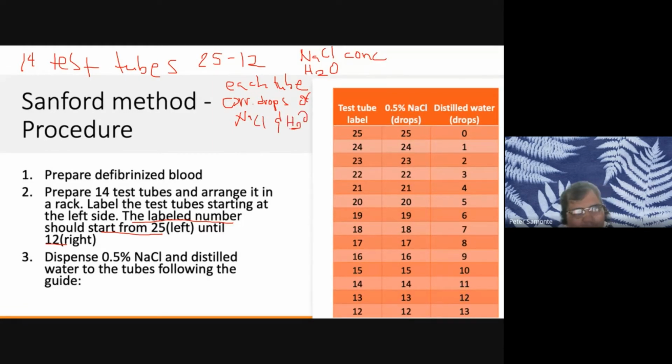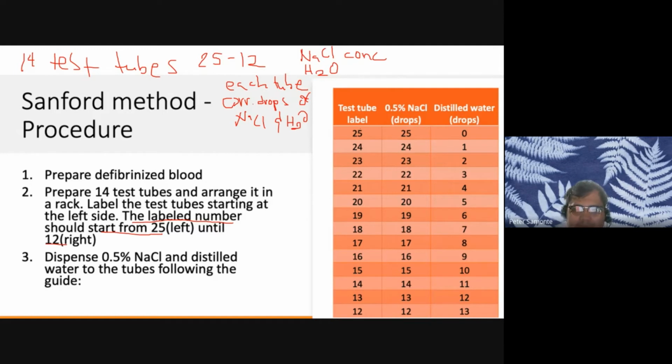Again, in your Sanford method, you're going to prepare 14 test tubes, starting from tube 25 to tube 12. After that, you're going to add to each tube a corresponding number of drops of sodium chloride and distilled water.